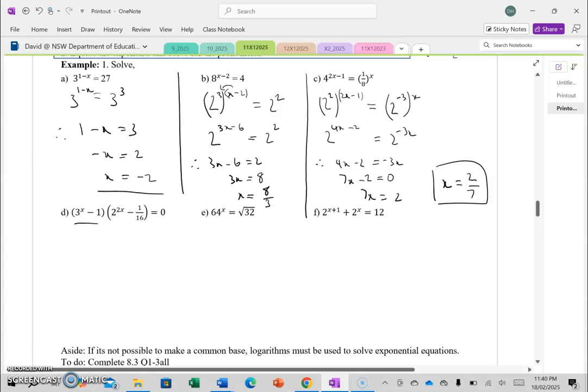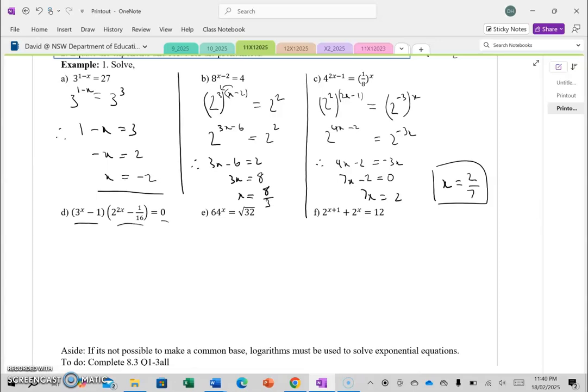Okay, this one I've got a product equaling 0, another product equaling 0. So therefore 3 to the x minus 1 equals 0, or the second one, 2 to the 2x minus 1 on 16 equals 0. Okay, let's bring this across. Now, I can make 1 with 3 to the power of what?